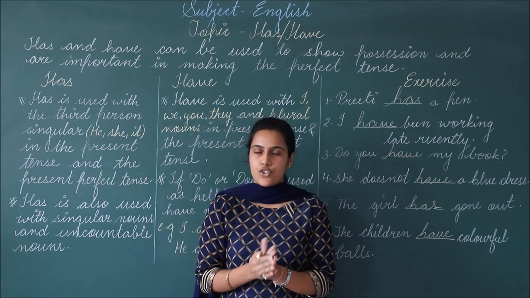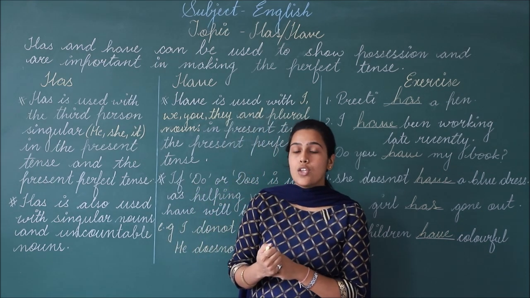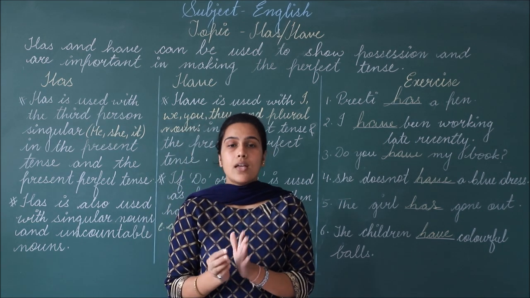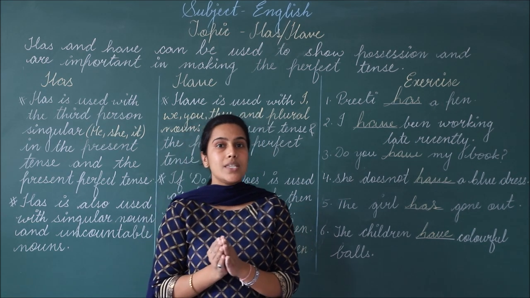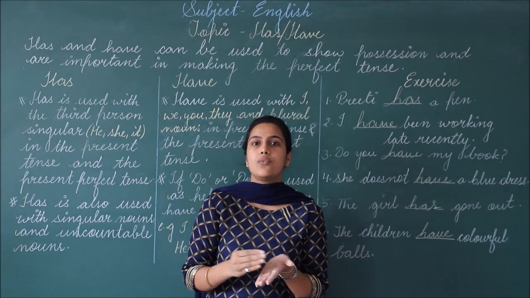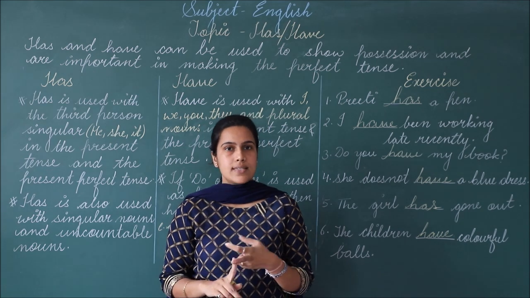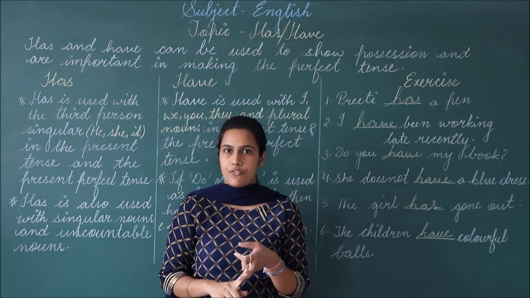Now I am doing a revision for you of what we have learned today. So today we learned about the use of has and have, and we learned that we can use these two words in two different ways. First, we can use them to show the possession, and second, we also use them in perfect tense.